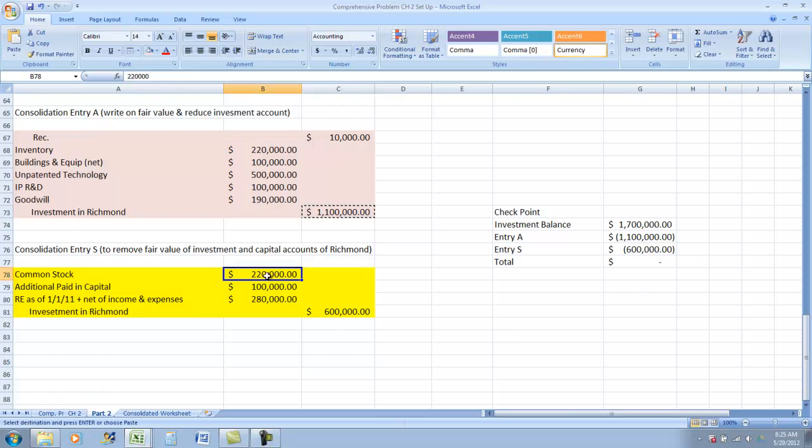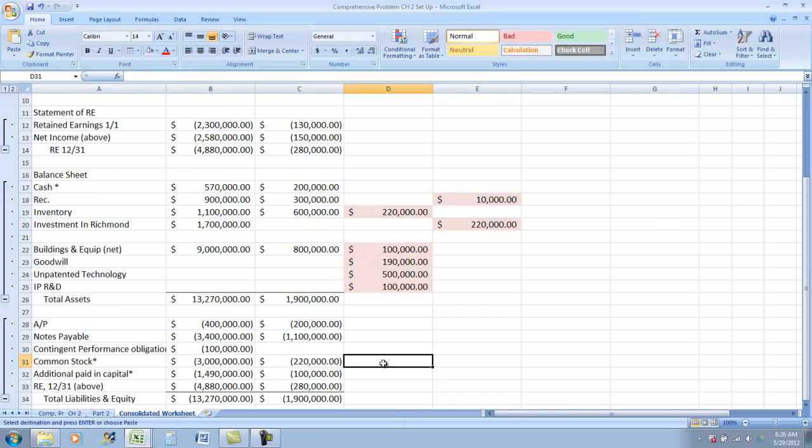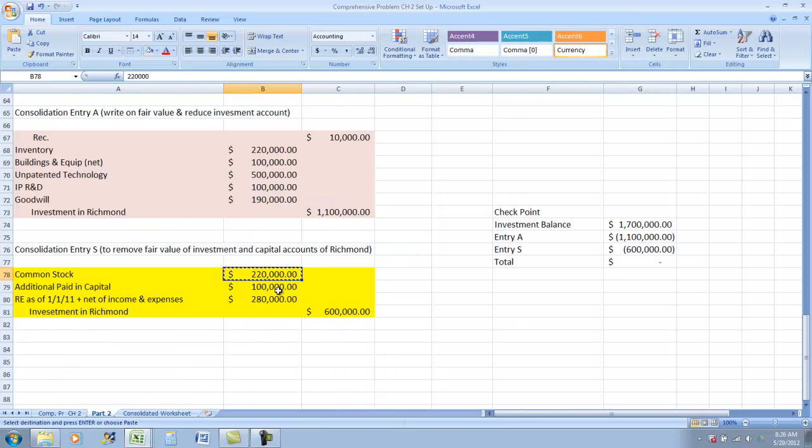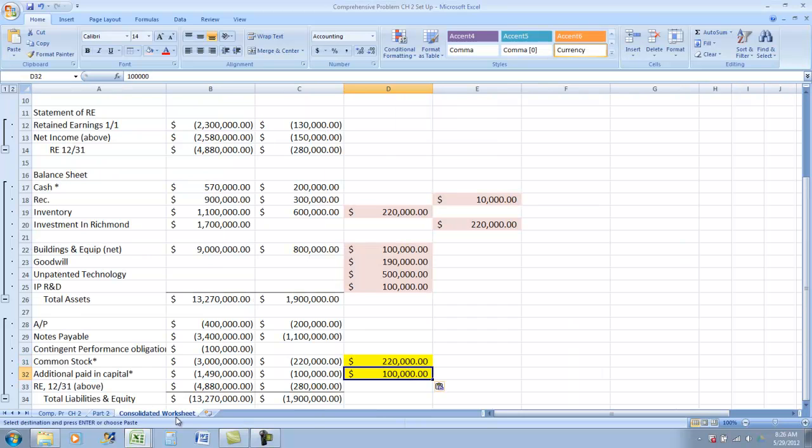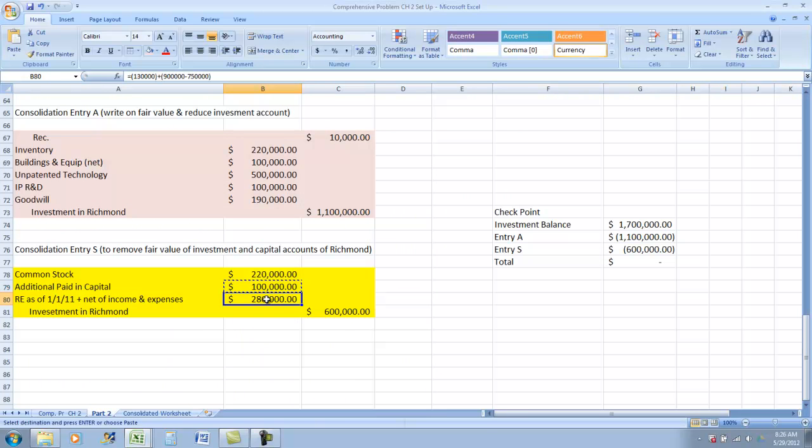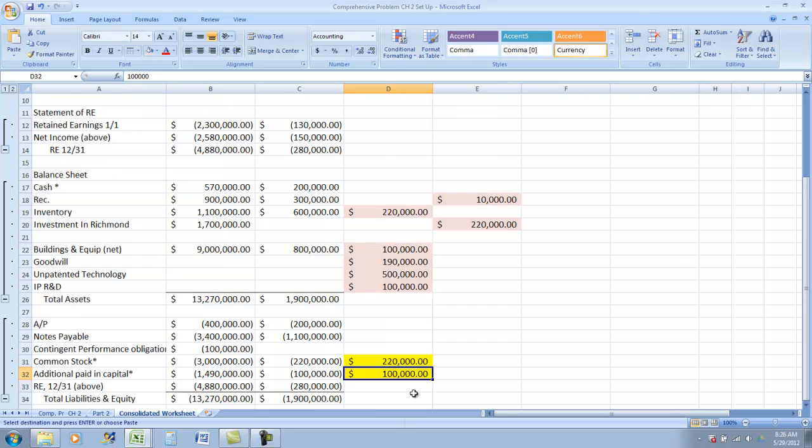I'm going to do the same thing for here. Now I'm going to debit common stock. I'm going to debit additional paid in capital. I'm going to debit retained earnings.